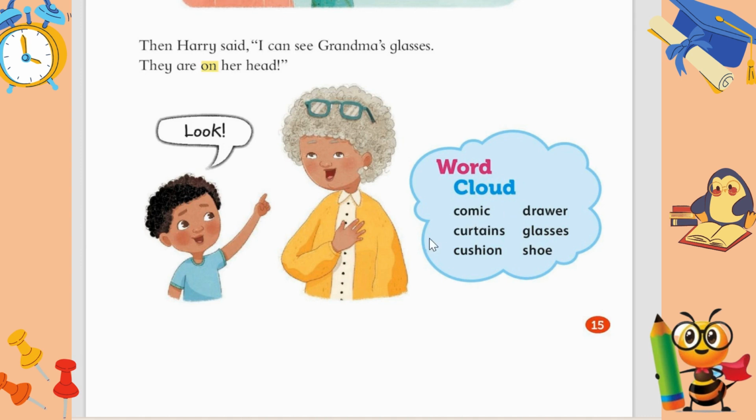Comic. Drawer. Curtains. Glasses. Cushion.